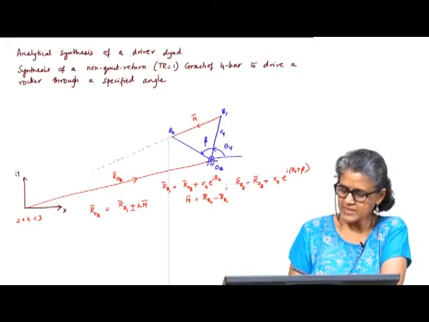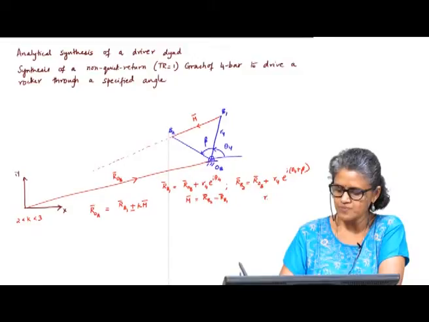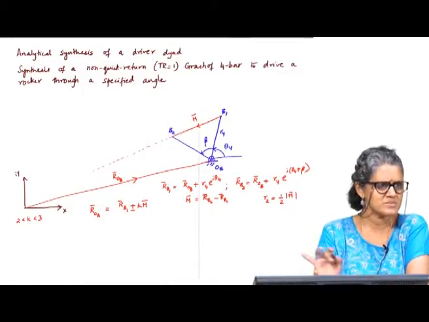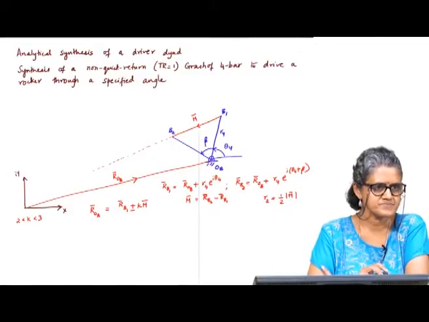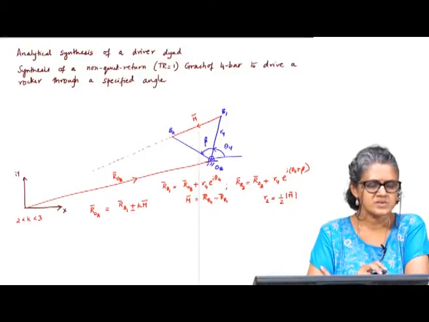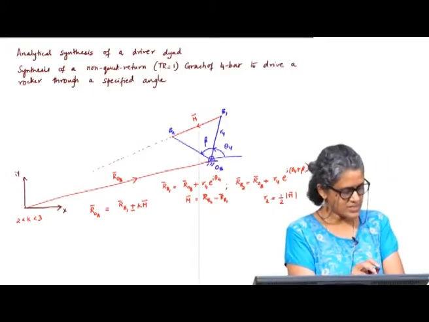Now, I know R2, what would be the magnitude of that? It would be half the magnitude of M. It is exactly as we did in the geometrical synthesis. So, R2 is half of this thing.